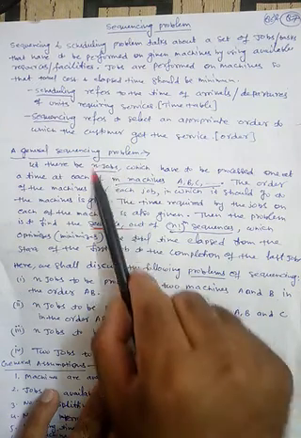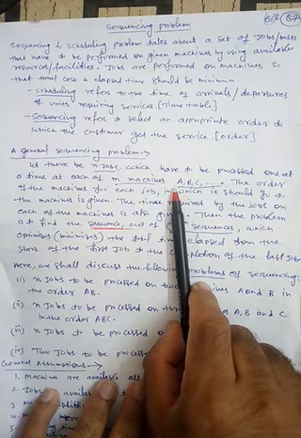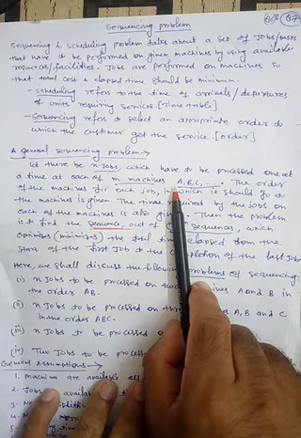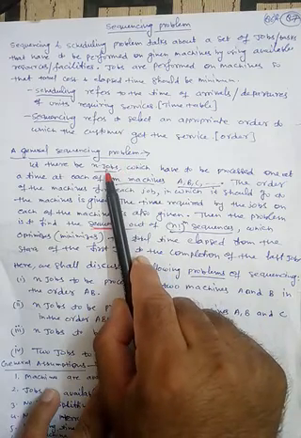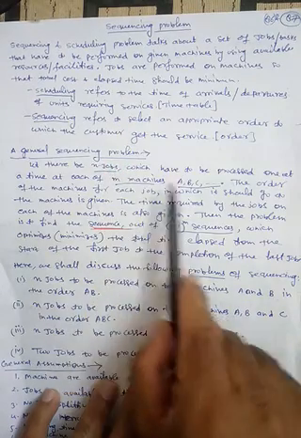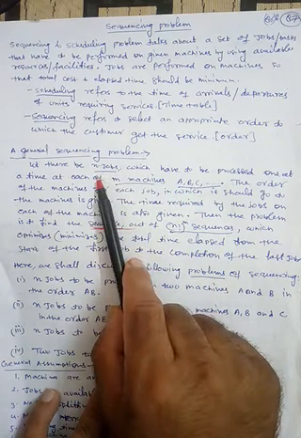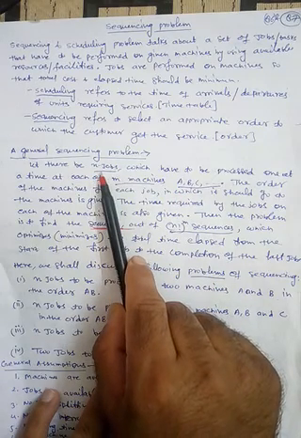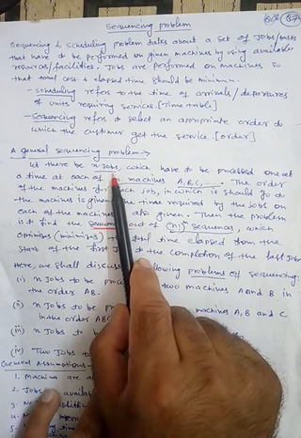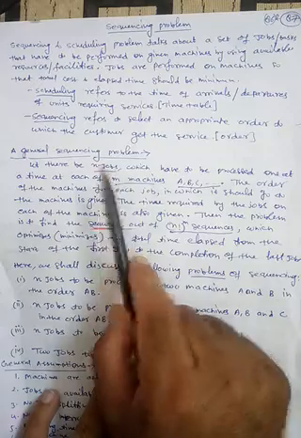That means when n jobs are performed on, for example, machine A, then the total possible ways are factorial n, because their order is not given. Order of machines is given, but order of jobs is not given. For example, the nth job may be done first, then the second job, then the n minus 1th job third, and so on.